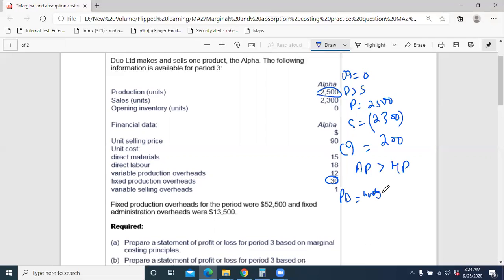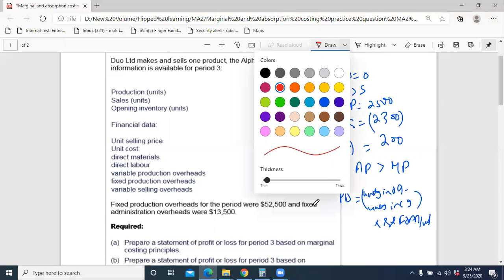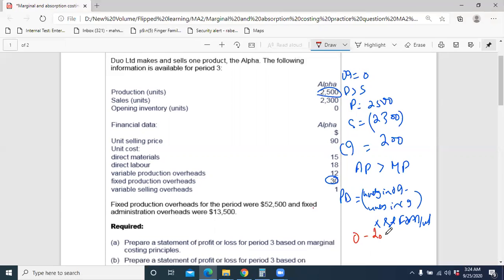It would be units in opening minus units in closing inventory into standard fixed overhead absorption rate per unit. So it is going to be 0 minus 200 into 30. So the difference between profit would be 6,000. Here absorption profit would be 6,000 higher and marginal profit would be 6,000 lower.